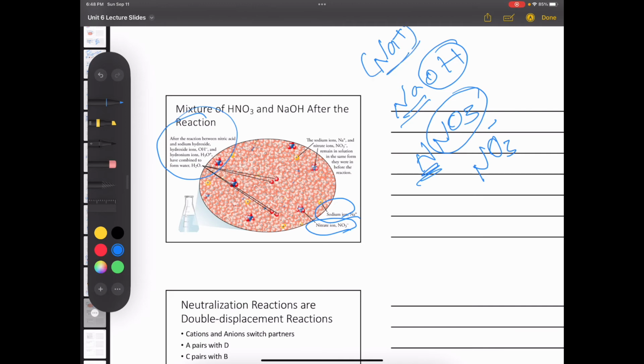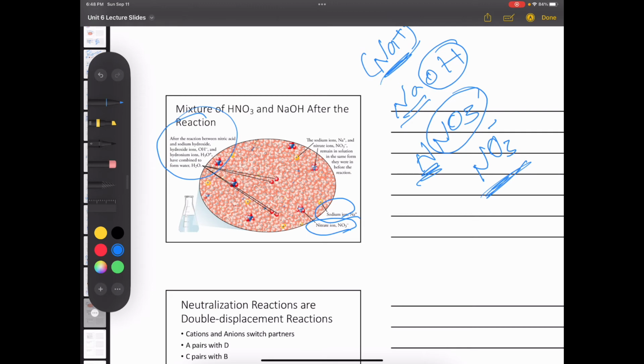So those guys, the sodium cation and the nitrate anion, will remain in solution, not involved at all in the formation of water. For that reason, we call both the sodium cation and the nitrate anion spectator ions. And this term should ring a bell, right? Because we did talk about spectator ions back in the precipitation reaction.